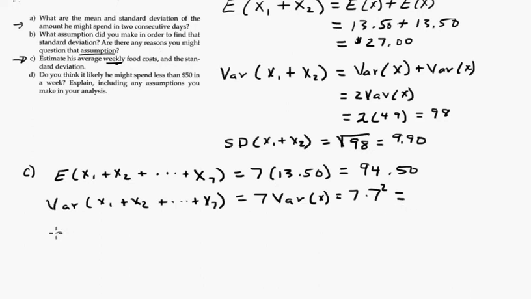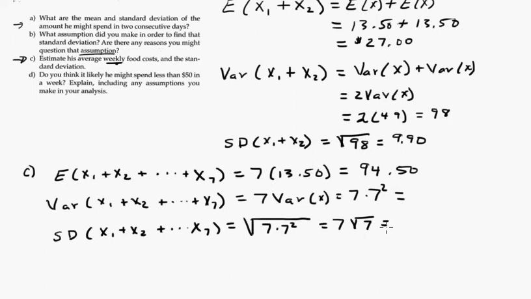So the standard deviation is going to be the square root of 7 times 7 squared. That's 7 times the square root of 7. And I think that's going to be 18.52. That's what I got when I did it on the side.